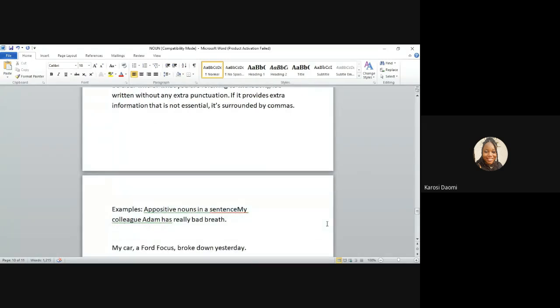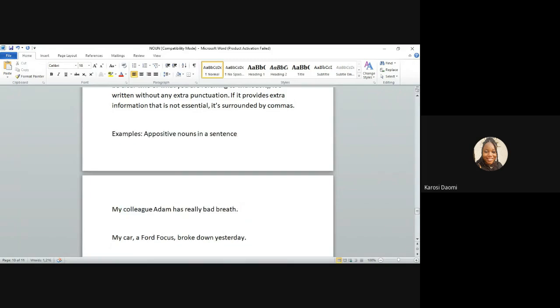So for example, my colleague Adam has really bad breath. Now, the appositive here is Adam. So my colleague, now, it could be any colleague, but I don't know who in particular this person is that has bad breath.